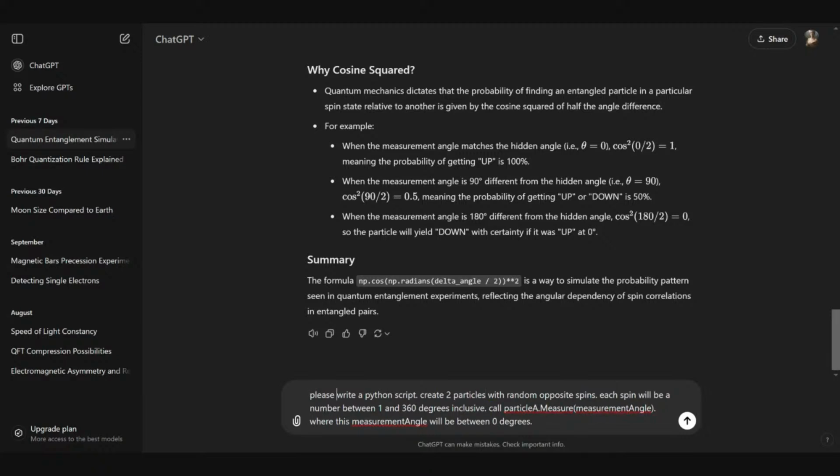Please write a Python script. Create two particles with random opposite spins. Each spin will be a number between 1 and 360 degrees inclusive.